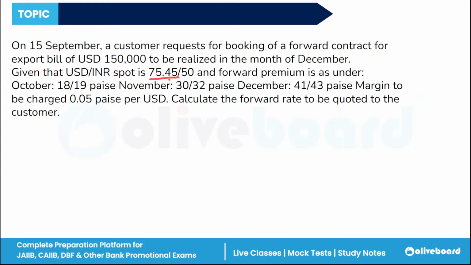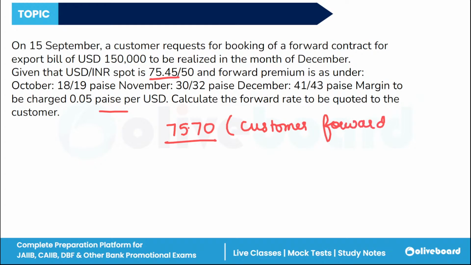That means we can say here we have to deduct 0.05 paise as a margin, and it will come 75.70, which is a customer forward rate for the delivery.